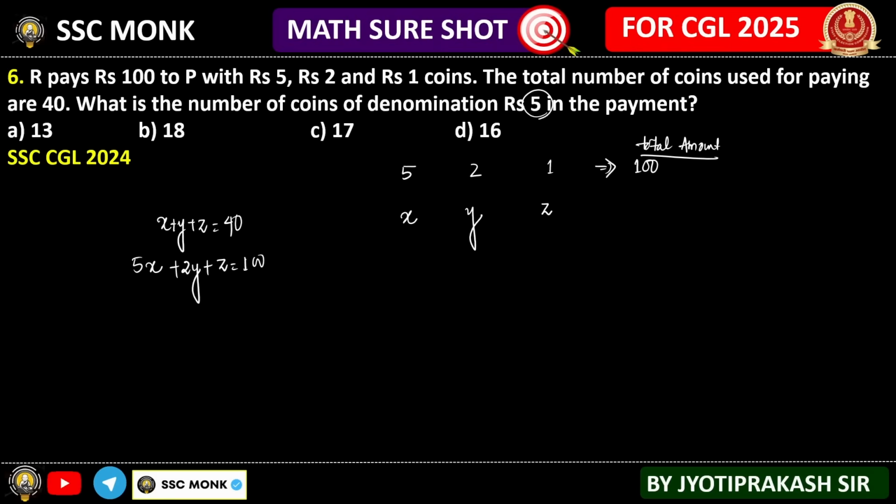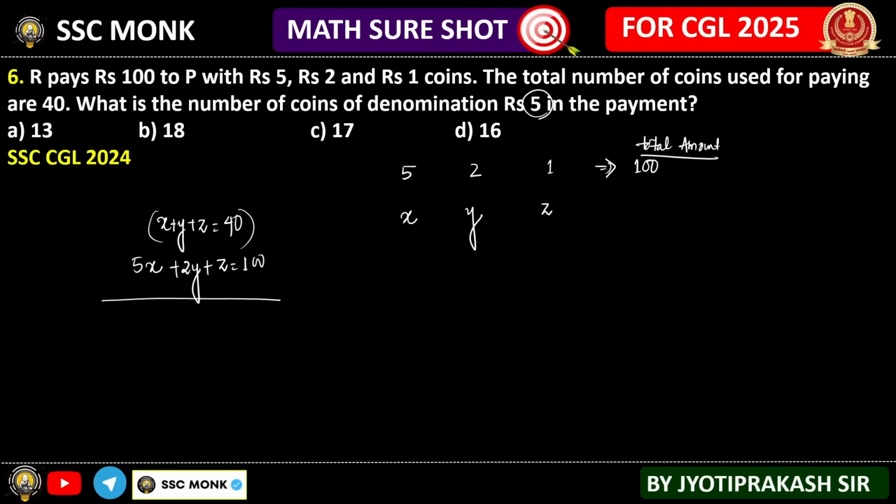Clear? Now one will come and say, sir, we can do one thing. Either we will go through the options directly, or we will simply try to solve the question as simply as possible. Now if I have to solve it first, I will deduct this from this.